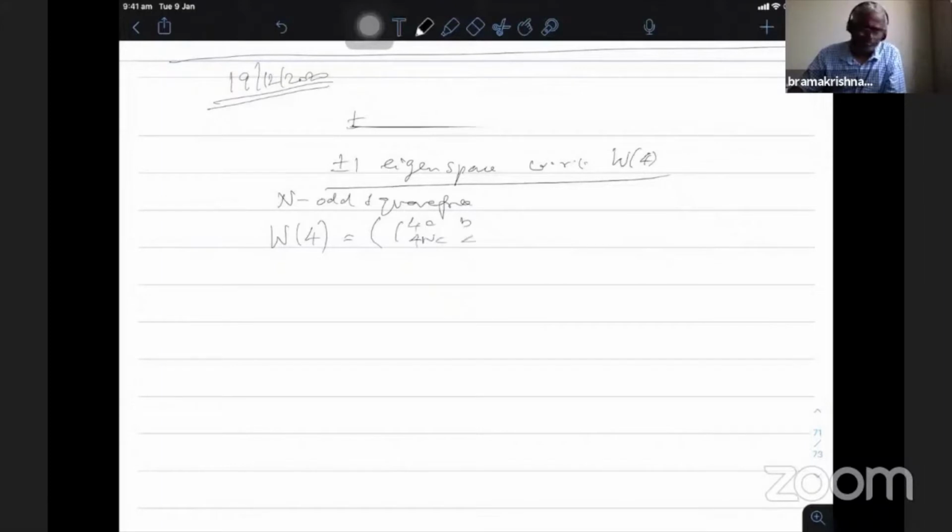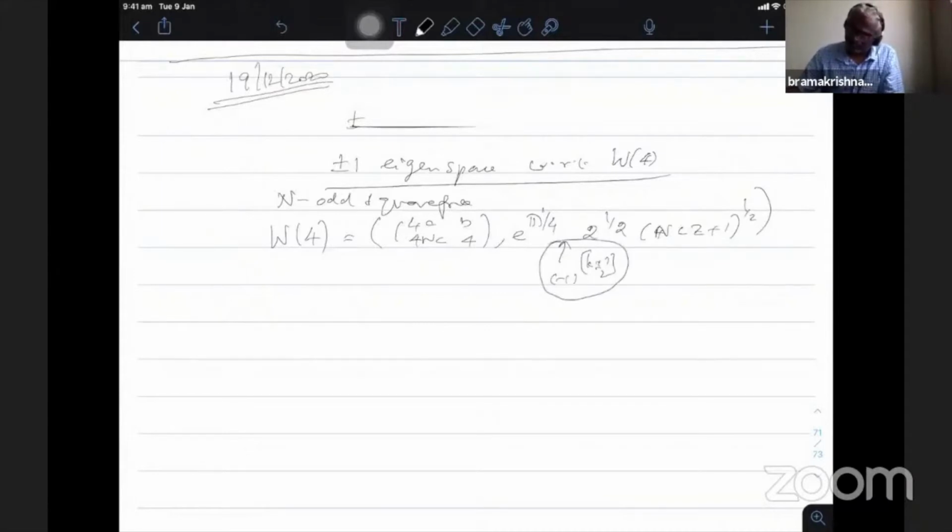This is 4, 2 power 5i by 4, 2 power 1 by 2, NC is a plus 1 power half. So there was a factor here, minus 1 power k plus 1 by 2, appearing in the previous version, so that is missing.